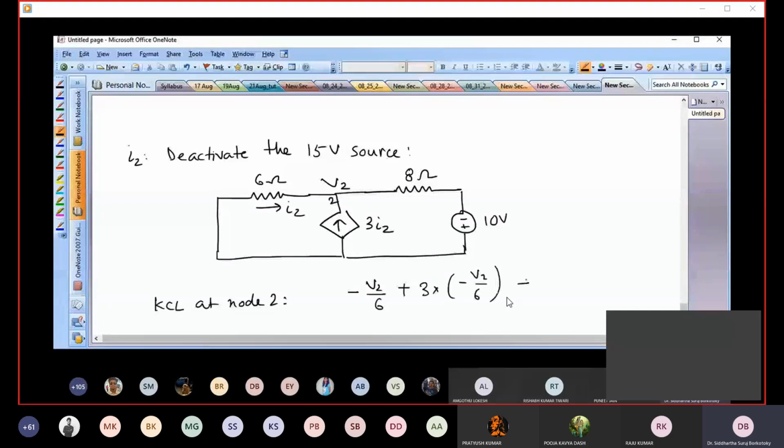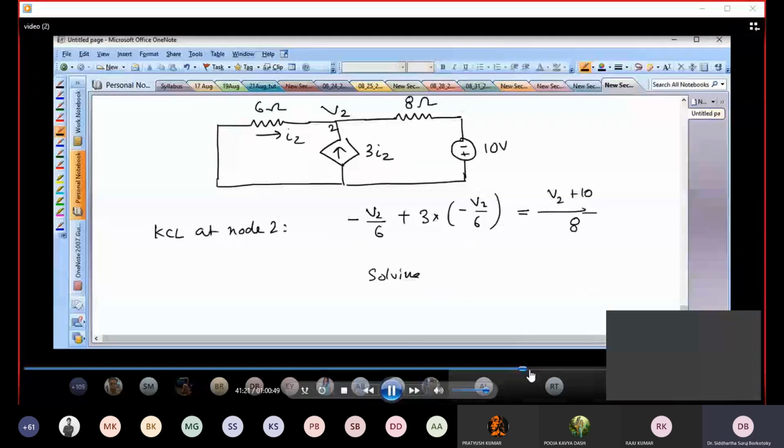I'm not going into the exact discussion because it's the same as before. So just to verify that this is correct, and then if you solve this, we get V2 is equal to minus 60 by 38.